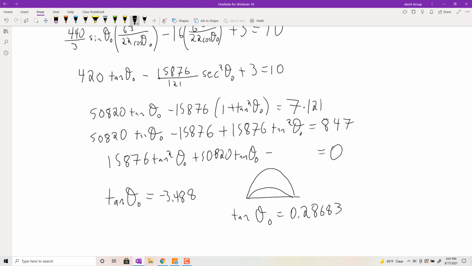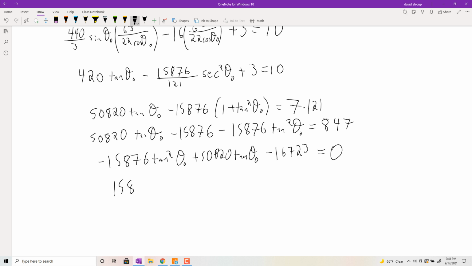So then this one will be negative when I pull this over. And then when I move the 847 over, that's going to give me negative 16723. And then I'm going to multiply both sides by -1.